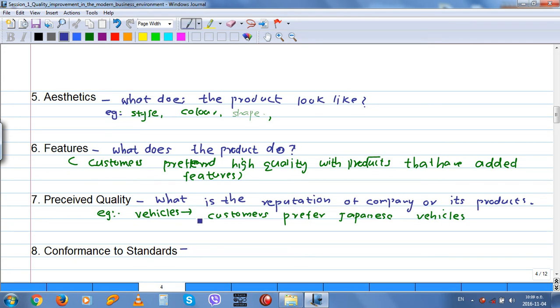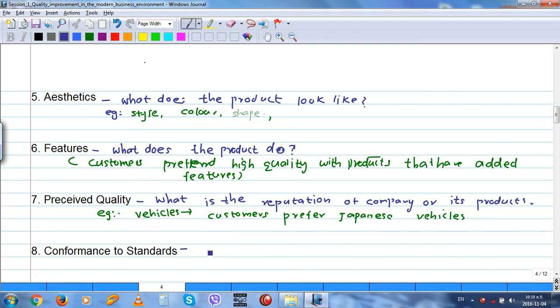Right? It means it is made as the designer intended. As an example, again take the automobile industry, a car. When replacing the parts of a car or any other product, we have to think about whether it is made to the standard size, right?